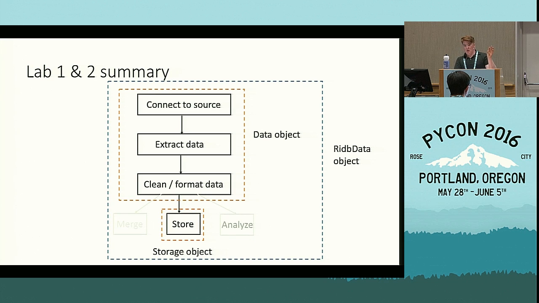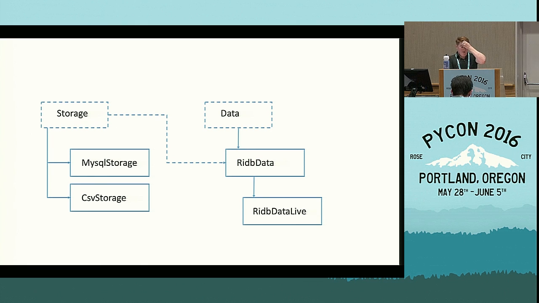So you can instantiate that object, which is going to give you all of the source to clean and format pieces and the storage. And this would be the diagram of what our data looks like. These dotted lines indicate an abstract, an interface idea, so you can think of it maybe as more of a node interface than an abstract class.